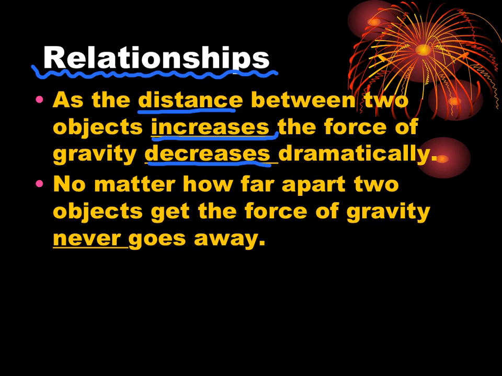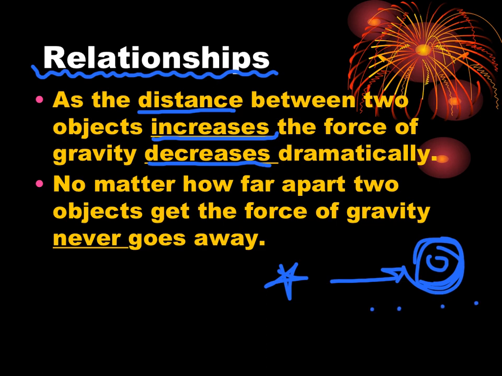So we know that all galaxies are moving further and further away from stars, from the Milky Way. So as those galaxies get further and further away, their gravitational force with each other is dropping. It is important to note that no matter how far apart those objects become, the force of gravity will always be present. It will never go away.